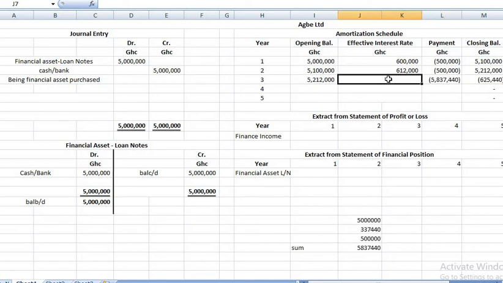So we have to charge interest on the opening balance. We have to charge the effective interest rate of 12% on 5,212,000, and we are going to get 625,440.